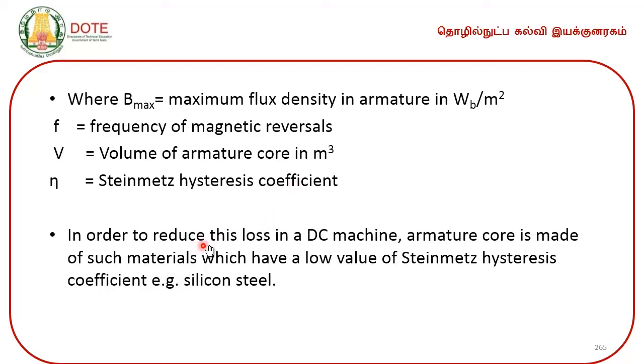In order to reduce this loss in a DC machine, the armature core is made of materials which have a low value of Steinmetz hysteresis coefficient. For example, we can have the armature core made up of silicon steel to reduce this hysteresis loss.